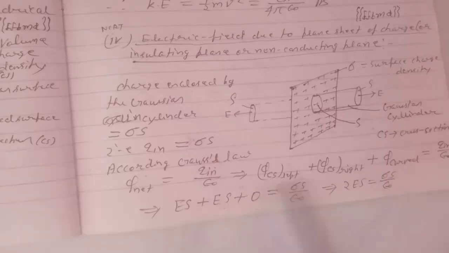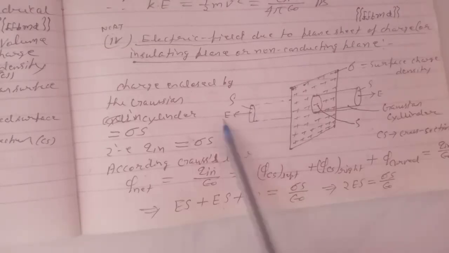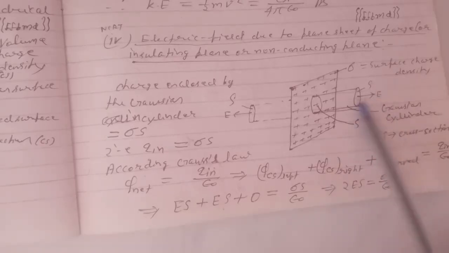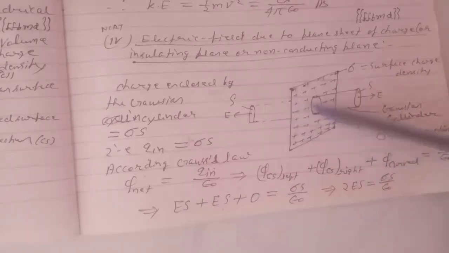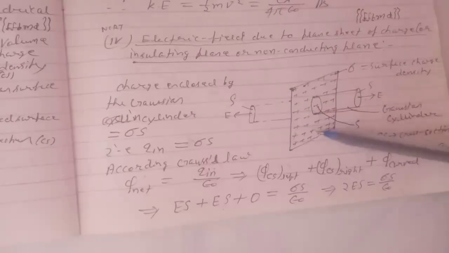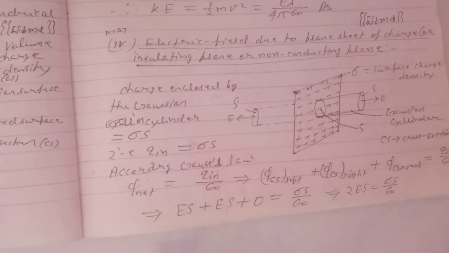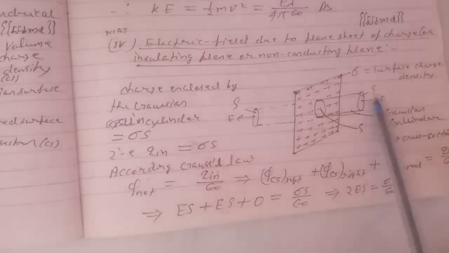Here phi cross-sectional left means flux through this area, phi cross-sectional right means flux through this area, and phi curved means flux through this curved part of the cylinder, and the net flux is equal to the Q enclosed by epsilon naught.